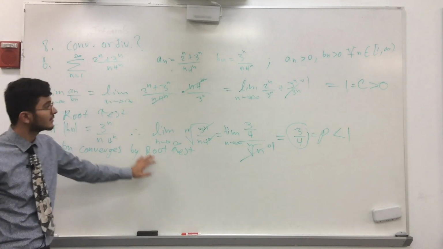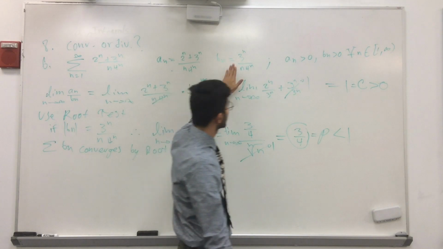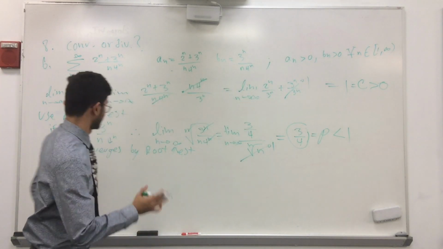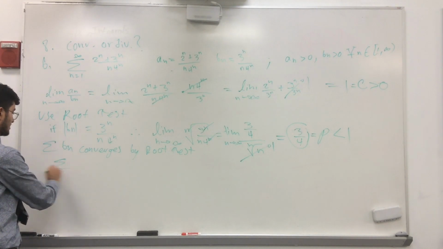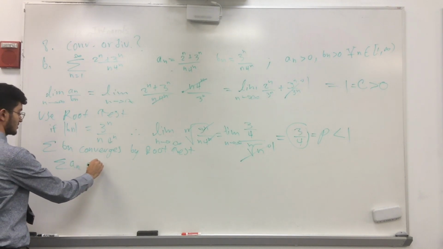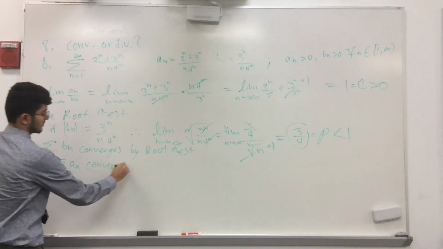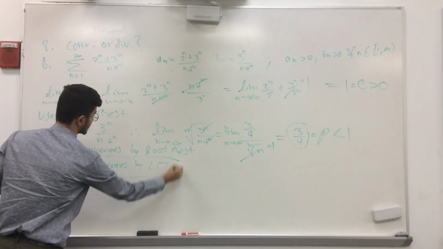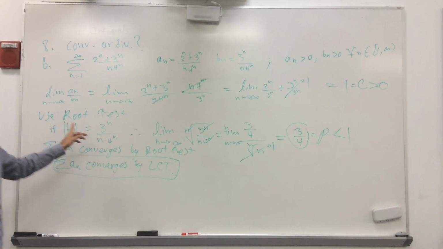And since the sum of bn converges, then the sum of an has to converge by the limit comparison test. So the sum of an converges by the limit comparison test. Okay, so that's the answer to part B, 8b.